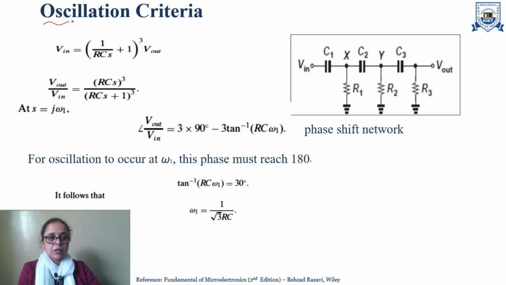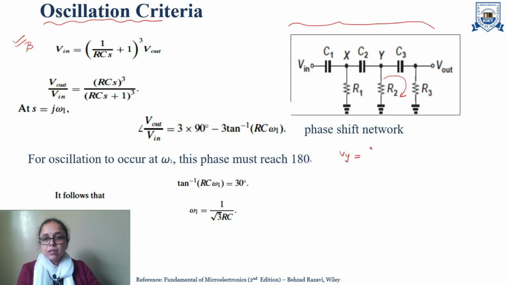To find out the oscillation criteria, we have to find out the factor beta for this oscillator, and to find out beta we have to solve this feedback network. We will proceed here by applying KVL. By applying KVL, we will get Vy as the voltage across the capacitor plus V out, and the voltage across the capacitor is the current multiplied by the impedance 1/SC3, plus V out.